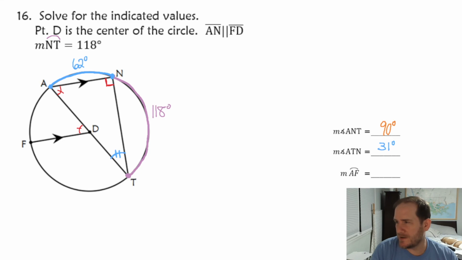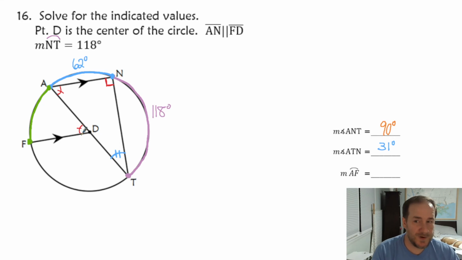And finally, they want AF. AF is this arc over here. That green's a little dark for my taste. Okay, so how does that help? Well, you can see we could find the green if we knew this central angle.